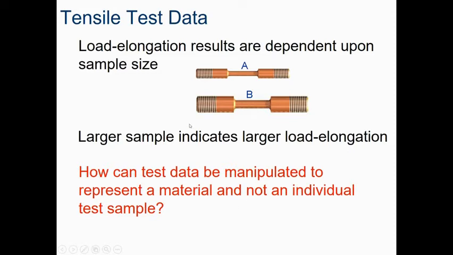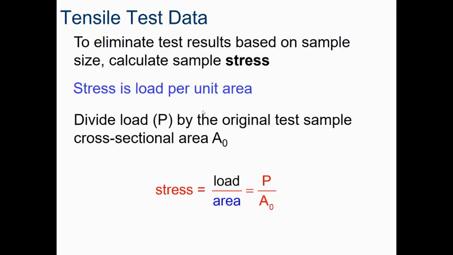Remember that first curve was called a load versus displacement curve. What we're going to do is replace those two values. The first one we're going to replace is our load. We're going to replace that with a term called stress. Stress is a load per unit area.